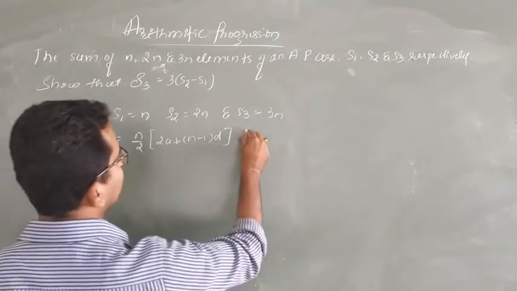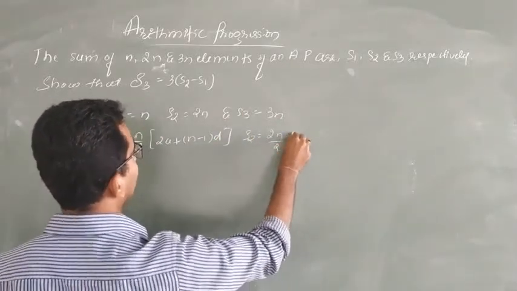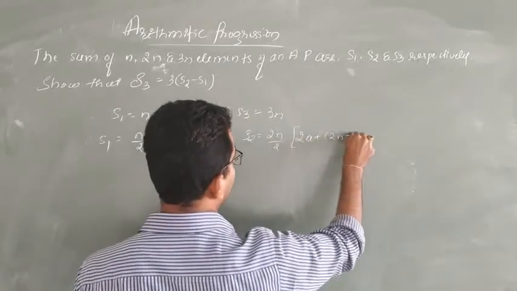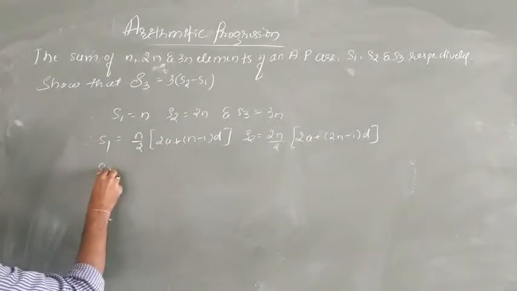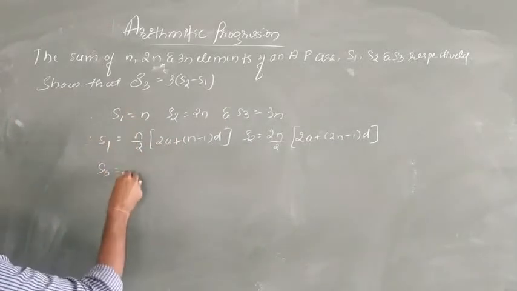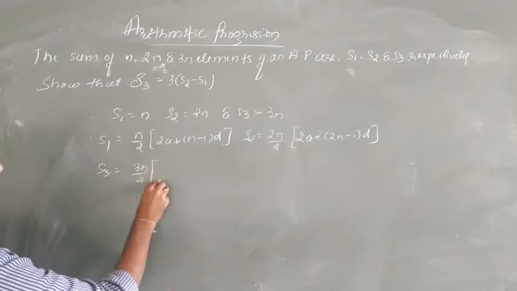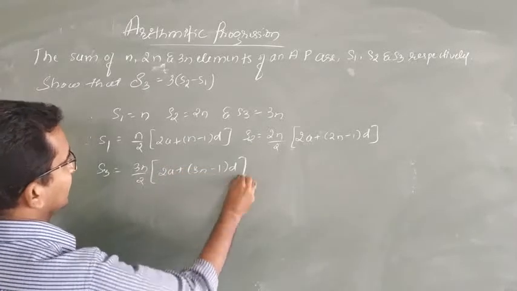Then S2 is 2n divided by 2 into 2a plus 2n minus 1 into d. And S3, which is what I have to get, is 3n by 2 into 2a plus 3n minus 1 into d.